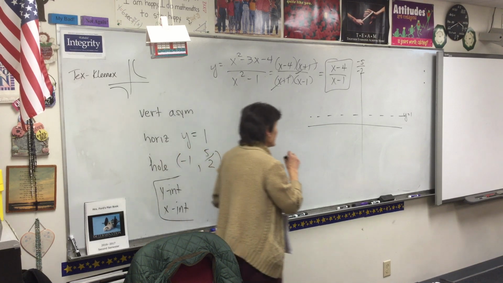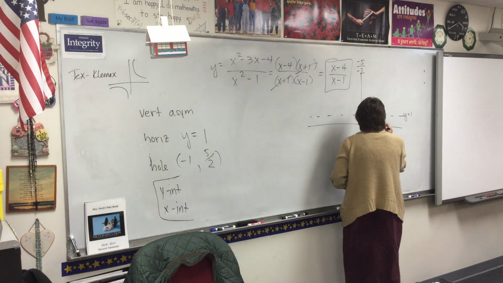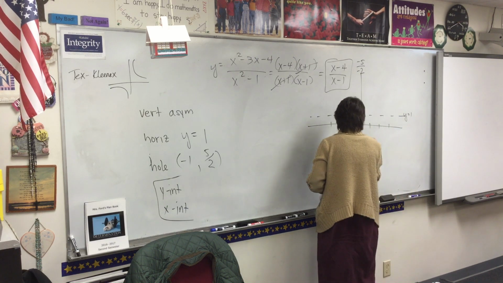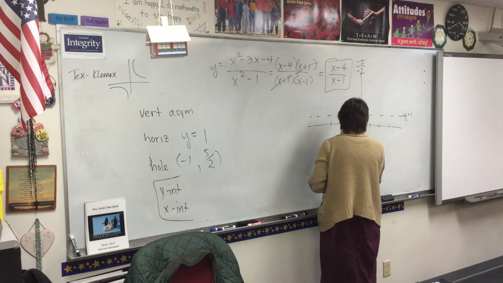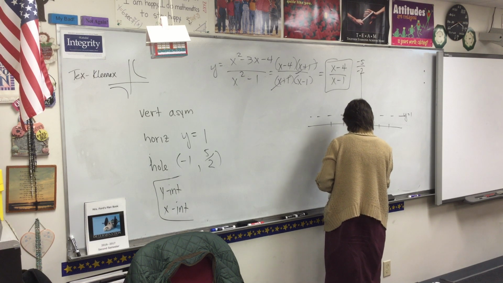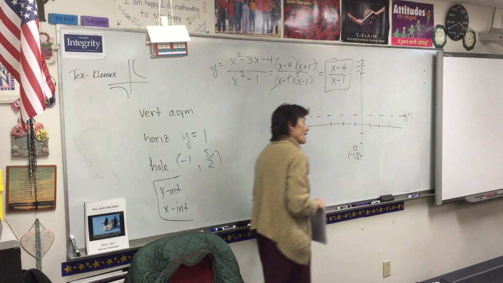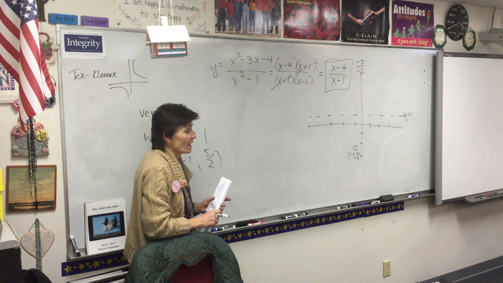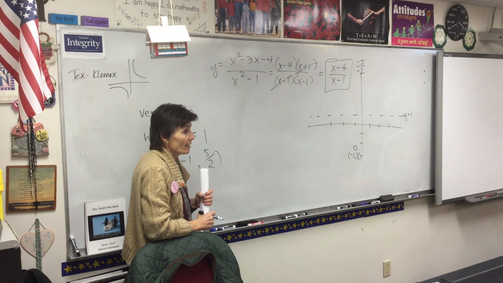So I'll come over here, and I'm going to plot a point at negative 1, 5 halves. And if you are confused about where to put that, write 5 halves as a mixed number. What is 5 halves? 2 and a half.